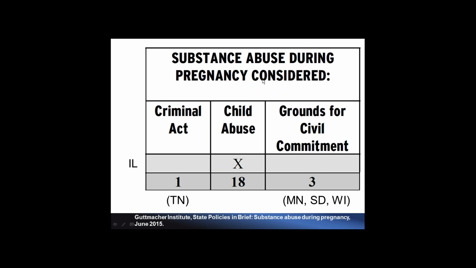Substance abuse during pregnancy is considered in some states, actually one state, a criminal act. 18 states consider it child abuse, and 3 states consider it grounds for civil commitment.